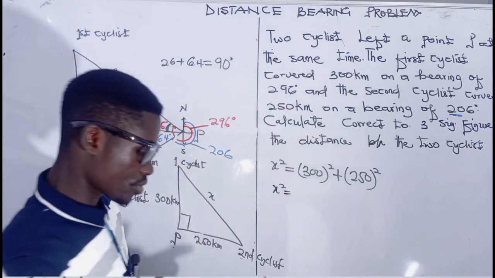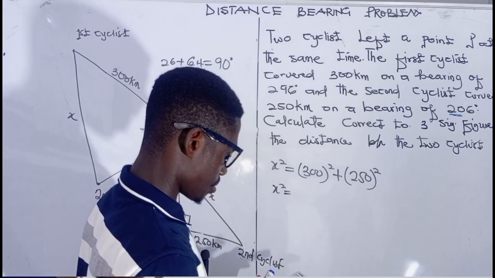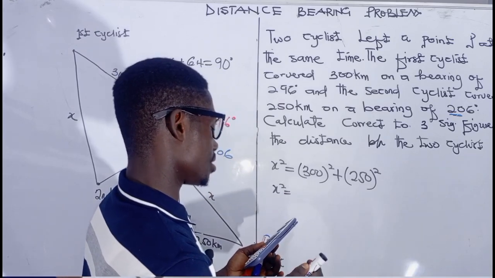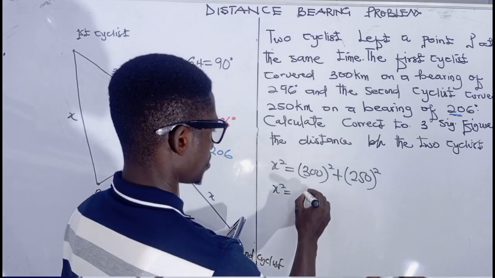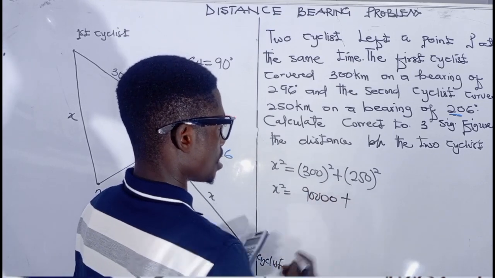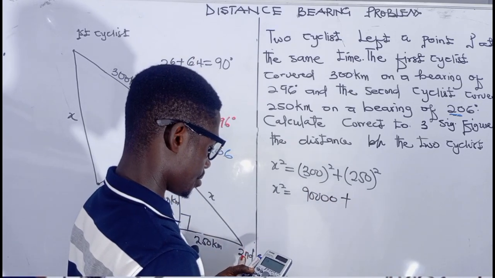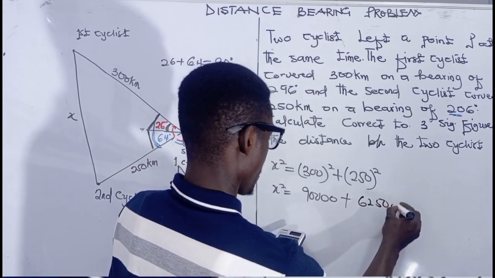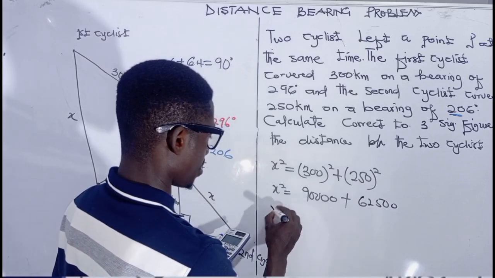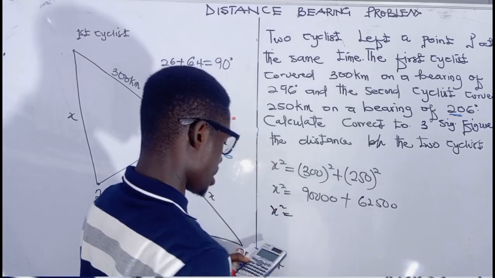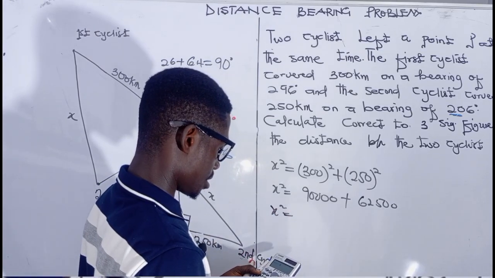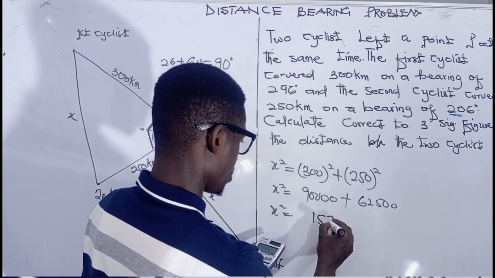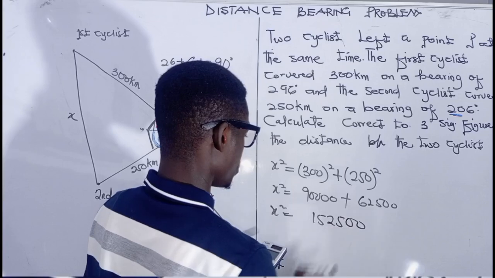We have 300 squared will give us 90,000. And then 250 squared will give us 62,500. So we have our x squared is equal to, let's sum this together, 152,500.